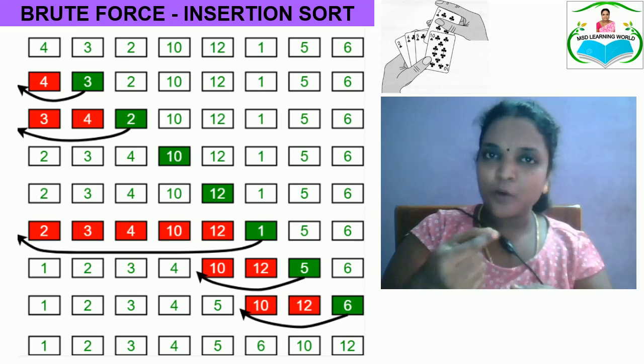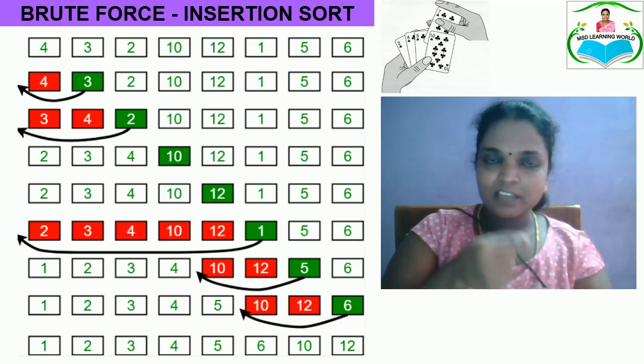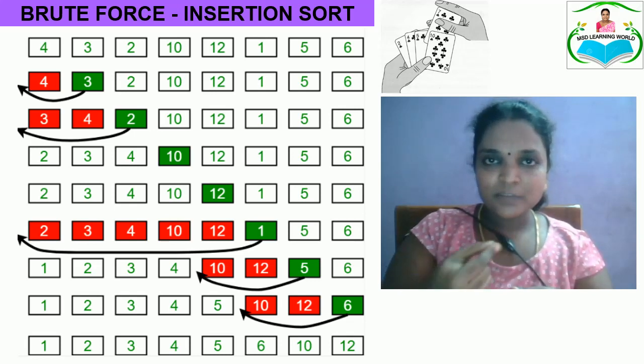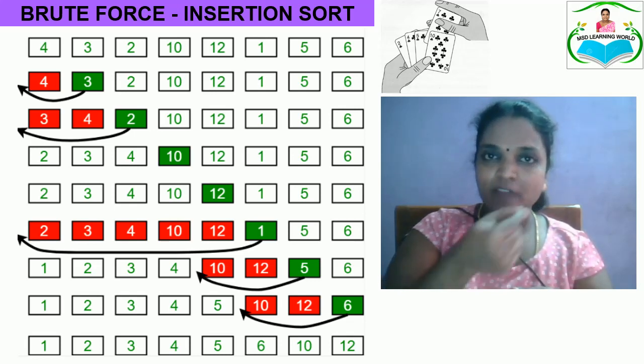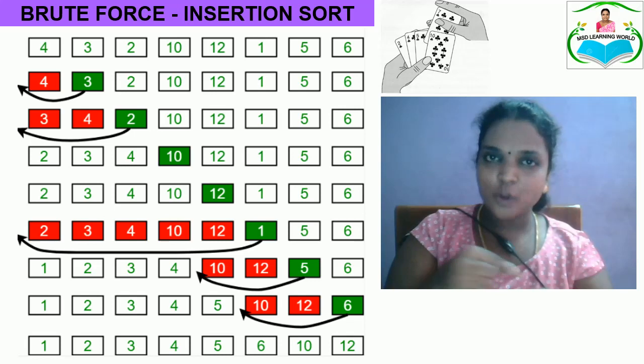I keep checking until I reach the end of all the cards on the left-hand side. Now I check with 3. 3 is greater than 2, so 3 is shifted to the next position. Now I have the card 2 in my hand and there are no elements left to check against, so 2 is placed in the first position. Now 2, 3, 4 are in sorted order.